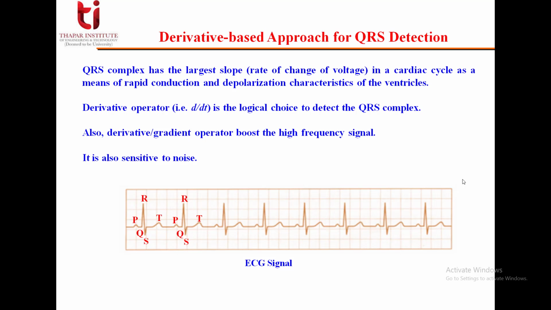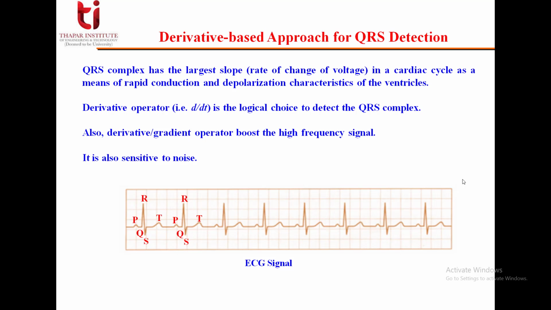As we know, in an ECG signal, you can see in the figure, the QRS complex has the largest slope and the largest magnitude. Therefore, the derivative operator is the logical choice which can be used to detect the QRS complexes.